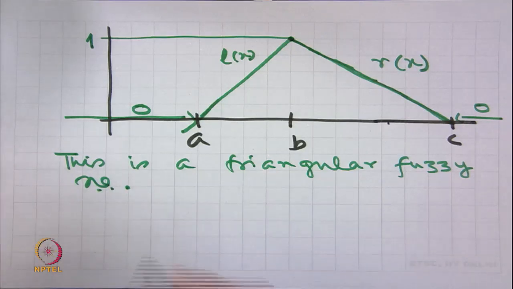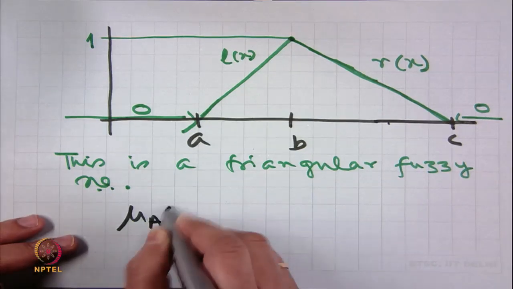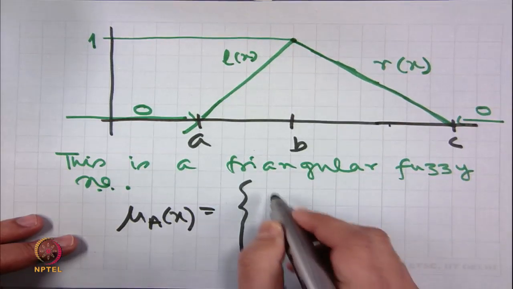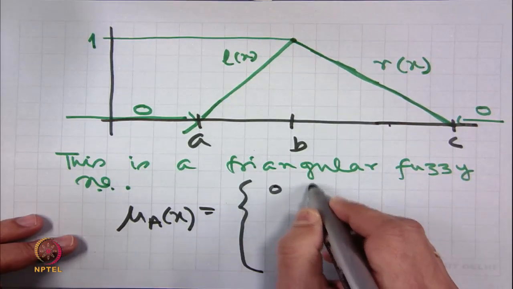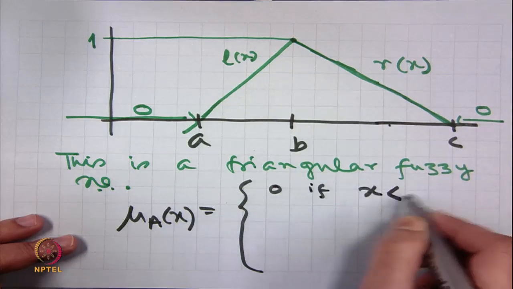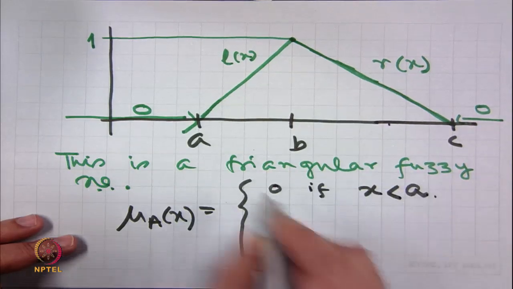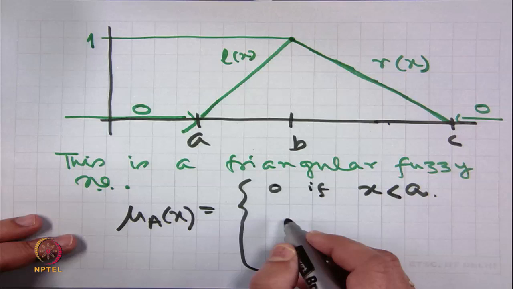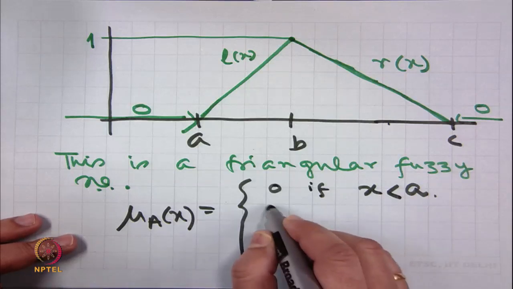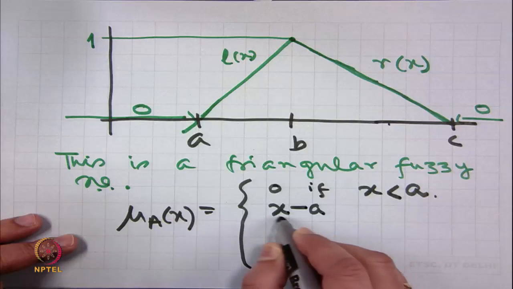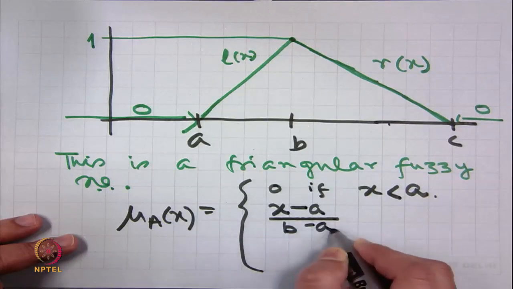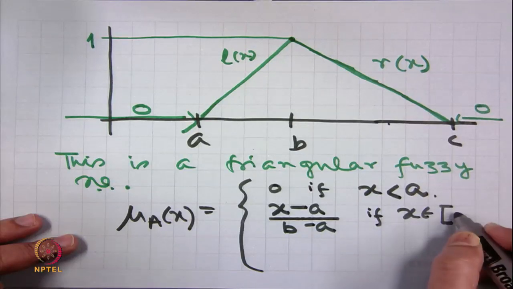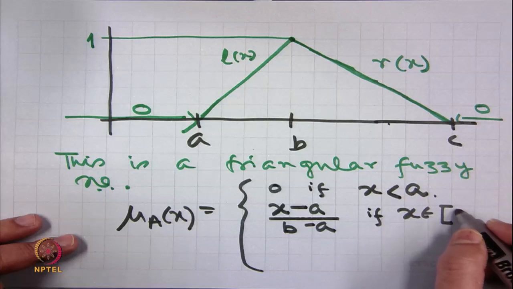Its membership is going to be as follows: mu A of x is equal to 0 if x is less than a. In this interval, it is growing linearly. Therefore, the membership function is going to be (x minus a) upon (b minus a) if x belongs to [a, b].